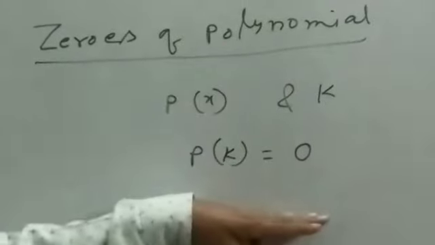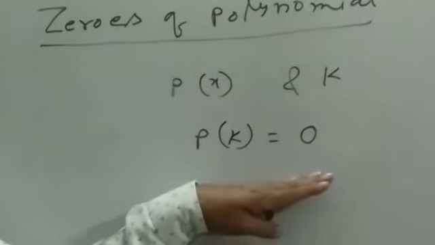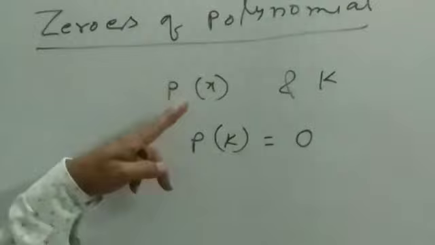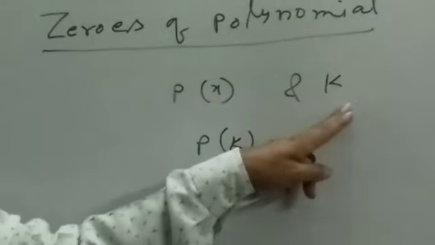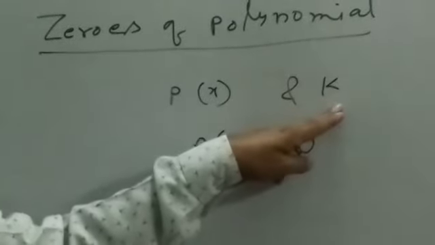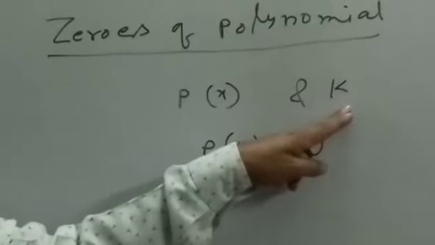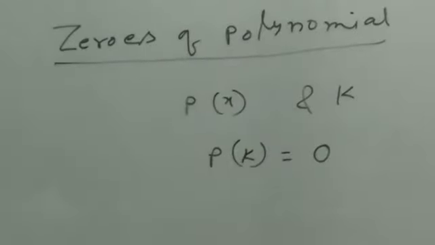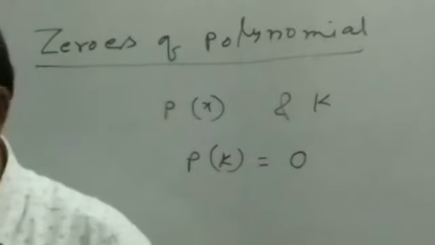I have given so many examples, but this is the general definition of the zeros of a polynomial. If p(x) is a polynomial and k is a real number, and if p(k) equals 0, then k is said to be a zero of the polynomial. And you know how to find the zeros. This you have learned in class 9.